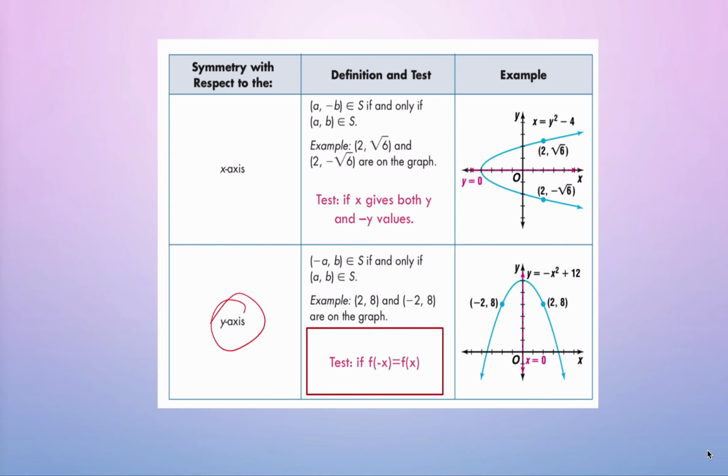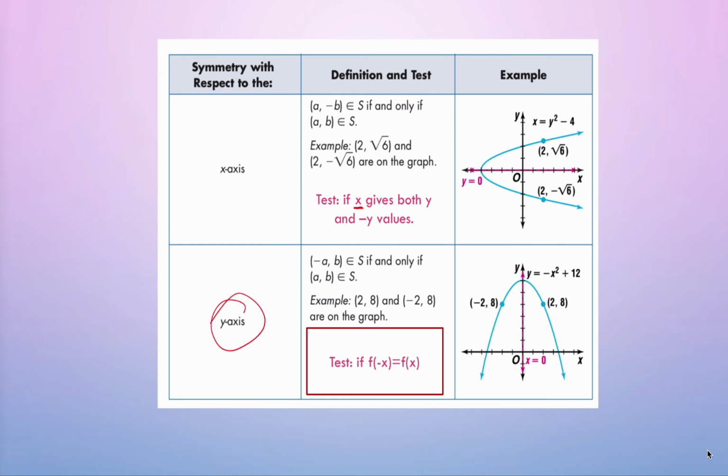So the test, if some x value gives you both a y and a negative y value, then you're looking at something that is symmetric with respect to the x-axis. So, right, x equals y squared minus 4.